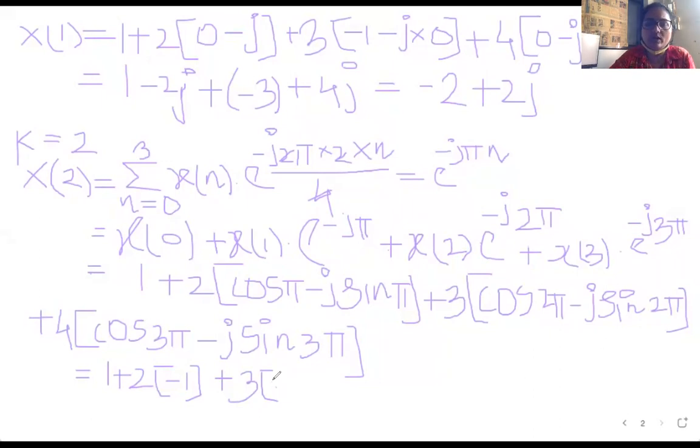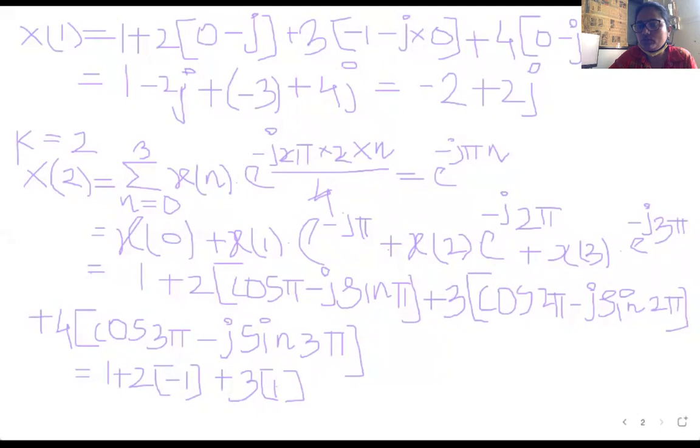It is equal to 1 always. So we will write here 1. And sine 2 pi is always equal to 0, right? Sine 2 pi is always equal to 0. So we will write here 0 directly, plus the last value 4.